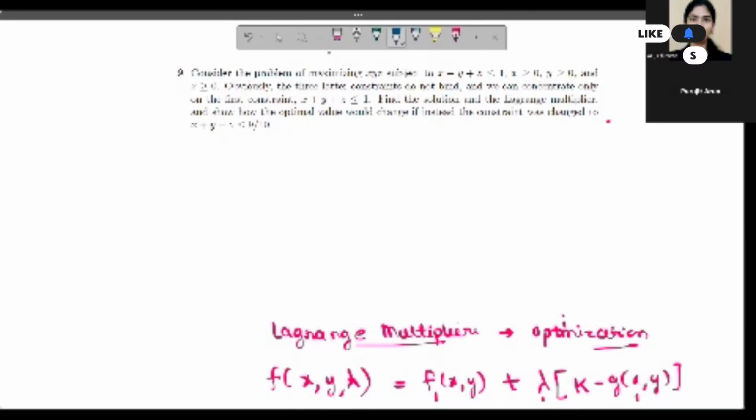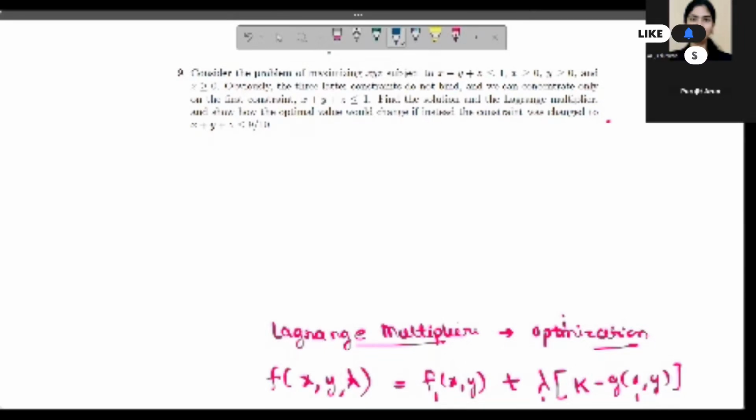Find the solution and Lagrange multiplier and show how the optimal value would change if instead the constraint was changed to x plus y plus z less than or equal to 0.9.